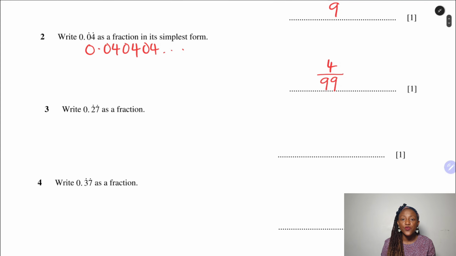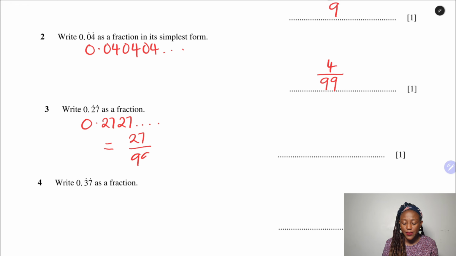We have write 0.27, both numbers recurring, as a fraction. This number actually implies 0.2727 and so on. Since both numbers are recurring, we are going to make our denominator 2 9s. That is 99. So this really means 27 over 99.